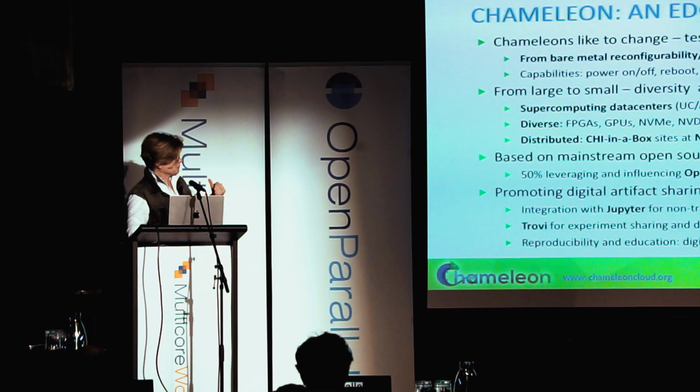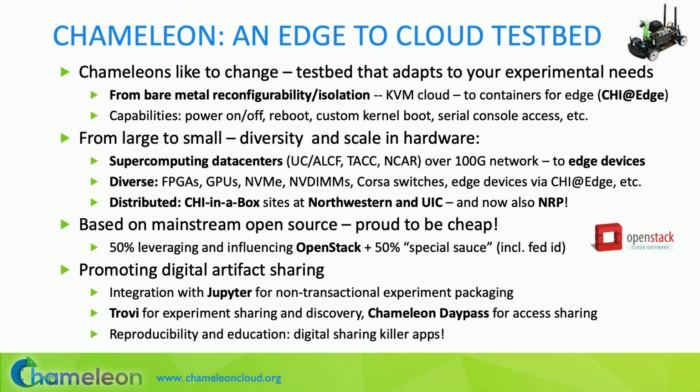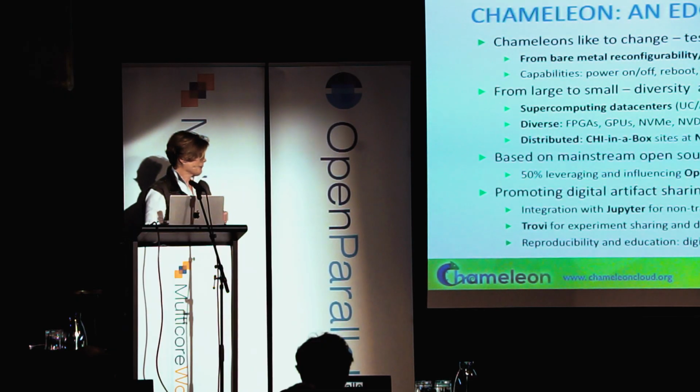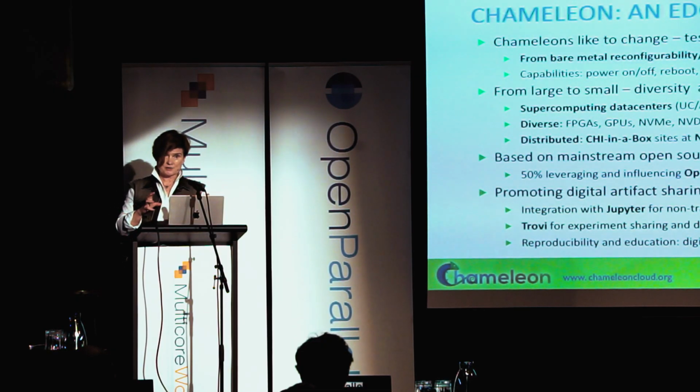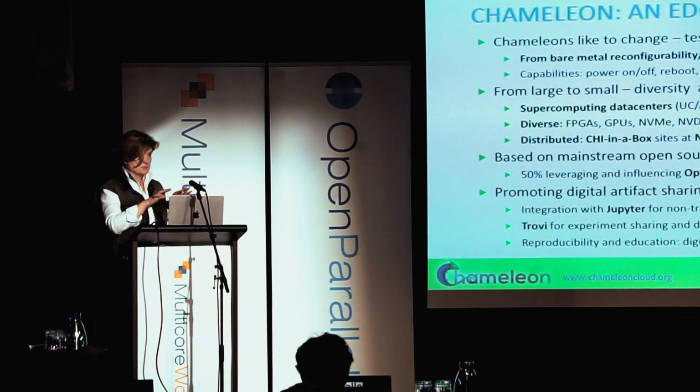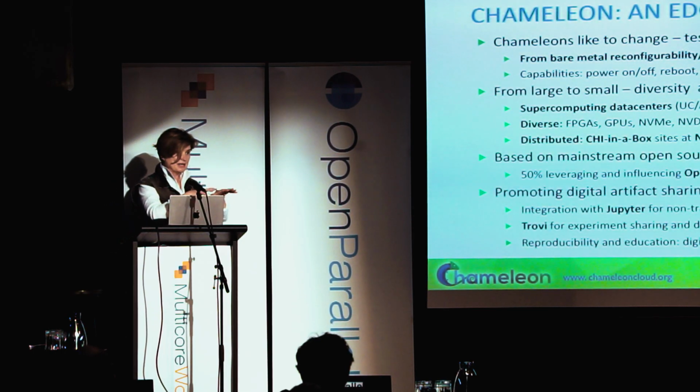We do also support a smaller cloud, a KVM cloud, which is easier for computer science education projects as opposed to research projects. And this also does support some research projects that can be executed on that kind of infrastructure. In terms of hardware, like I'm saying, we're trying to make bare metal access possible to people who otherwise wouldn't be able to afford it.